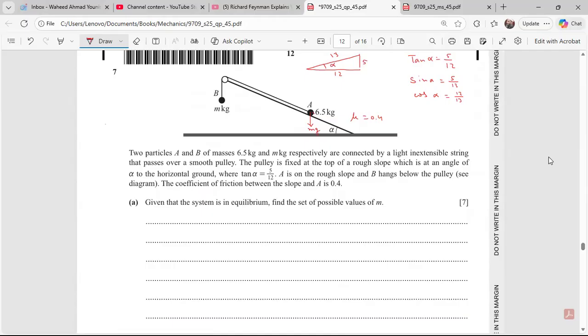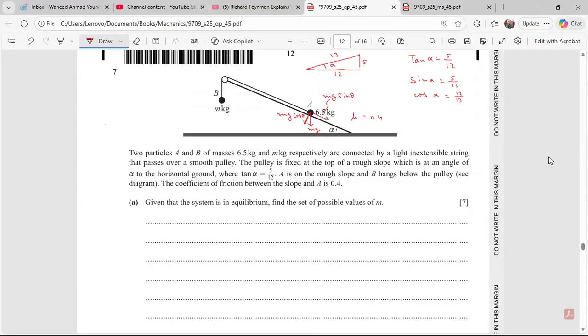The x component of this force is mg sine theta, and the y component, which is perpendicular to the inclined surface, is mg cos theta. I hope you know this much already.